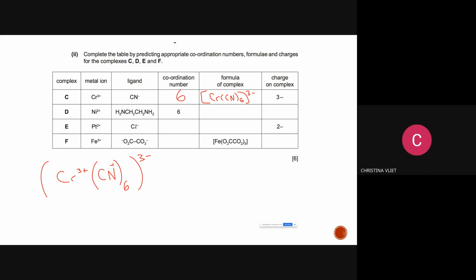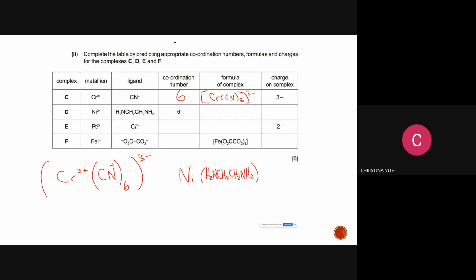Second one. Does this have a charge? Your coordination number is 6. What's the formula? If you know what this is, you could abbreviate it.